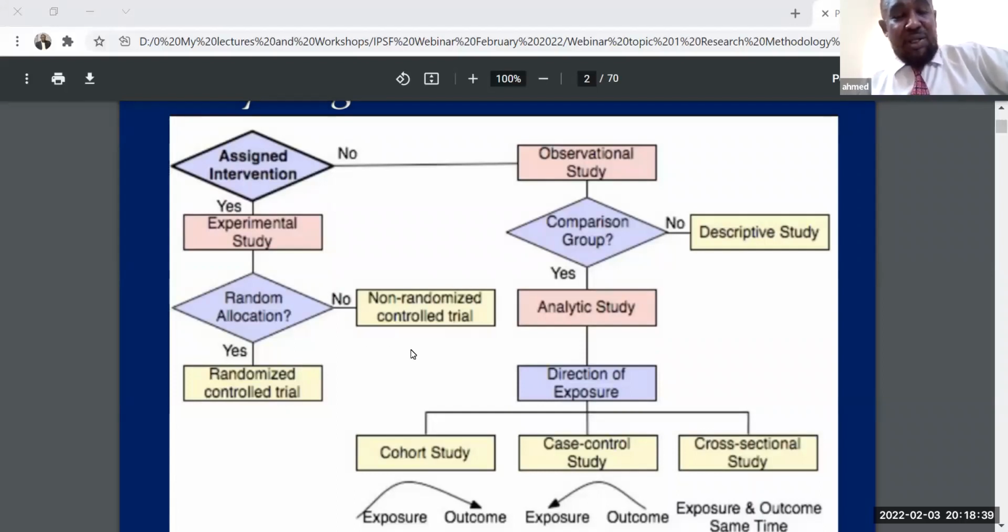This is called pseudo-randomized. And also there is the non-randomized control trial.